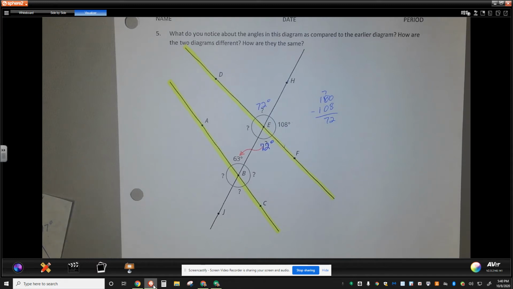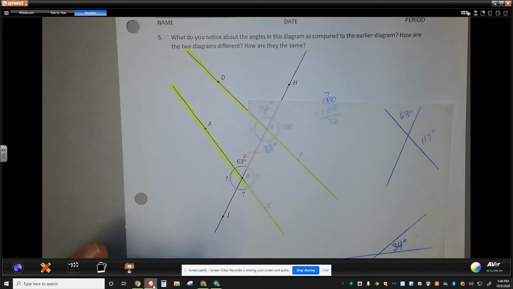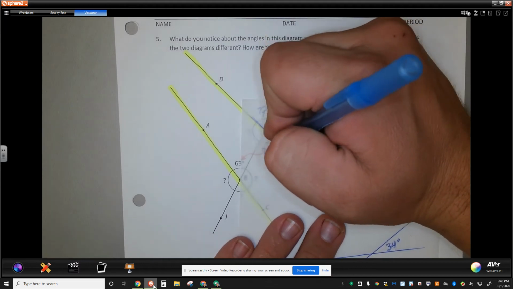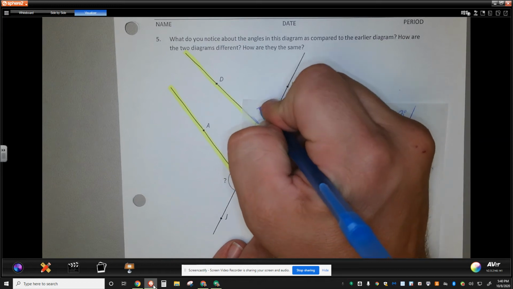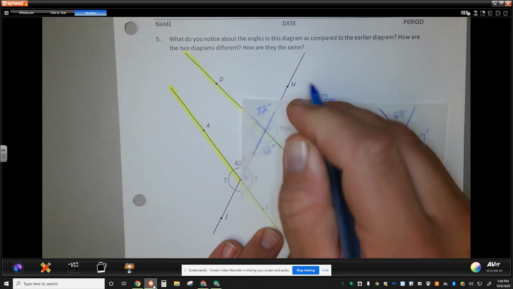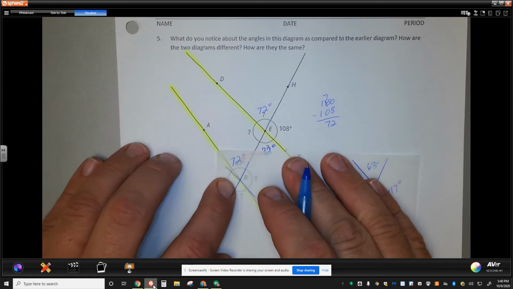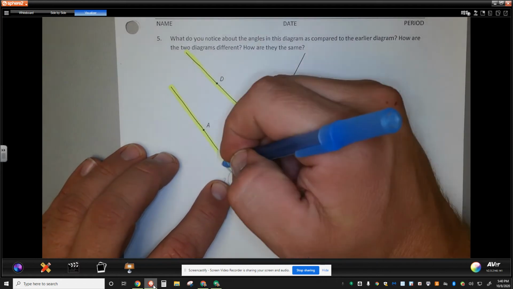Well, remember that we talked about that translation from one intersection to another. I'm going to translate from this first intersection where we worked on it down to the other intersection. And what we see is that my angles are not equal anymore.